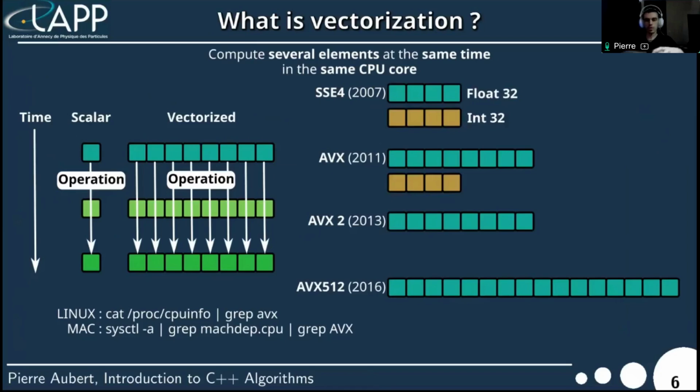So if you want to vectorize a bit by hand because you want to force the compiler to vectorize, you have a weird middle here, because you have 8 for float, but you have 4 elements for integer. And if you want to do some masking, it's quite annoying, in fact. For AVX2, you get the same size for the integer and for the float. And for AVX-512, I will not go into the detail because we have 20 extensions, so it's a bit too much for this webinar.